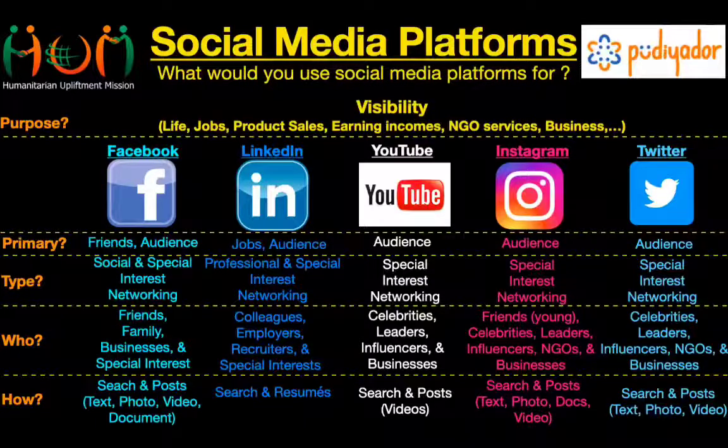Instagram is also special interest networking, and some people do social networking also on Instagram. But Instagram is hugely popular because you can have an audience, you can have followers, people who follow what you do or what you actually want to present. Maybe you're selling saris, right? Maybe you're selling saris that are made in Tamil Nadu, maybe saris made in West Bengal.